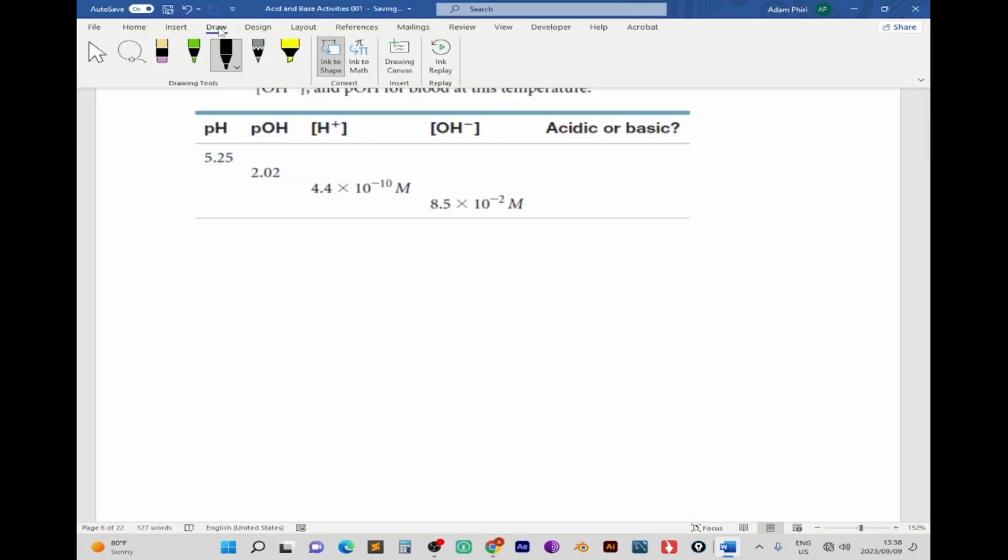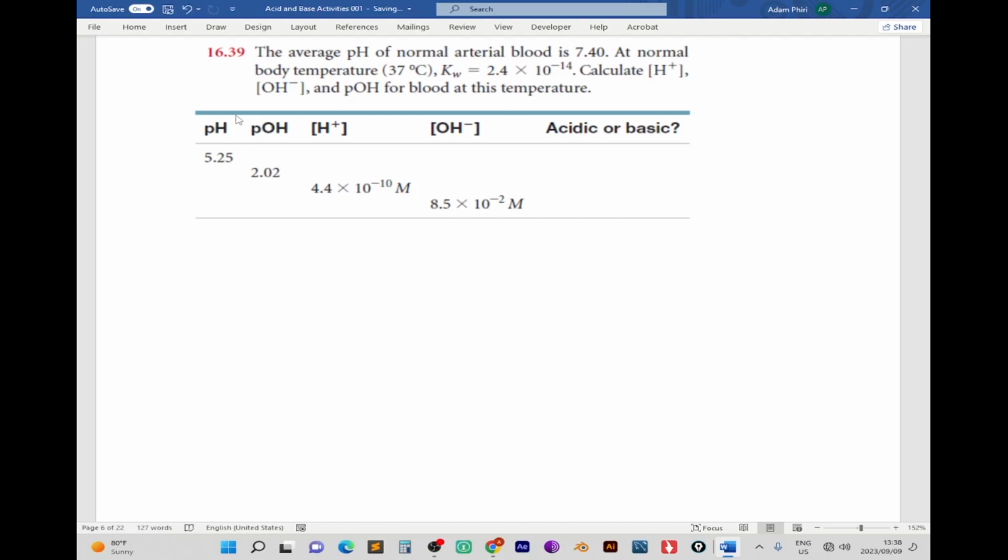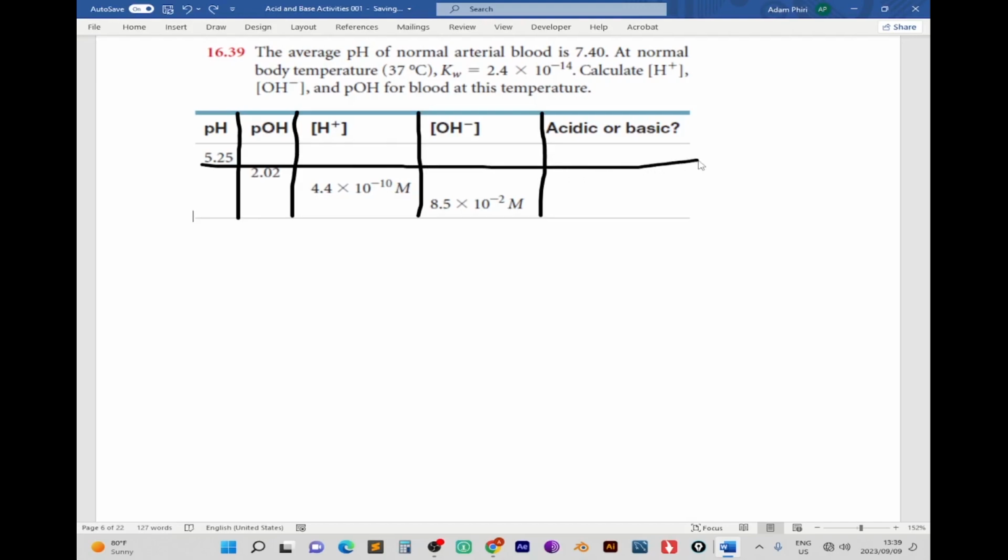And then let us go to the other question. This question requires us to do a lot, because it requires us to complete a table. The skills we need are filling in the other values given one value, and determining if the row is acidic or basic.